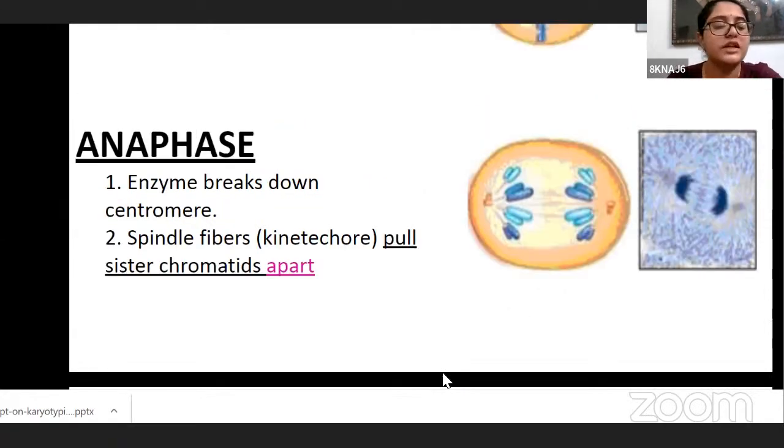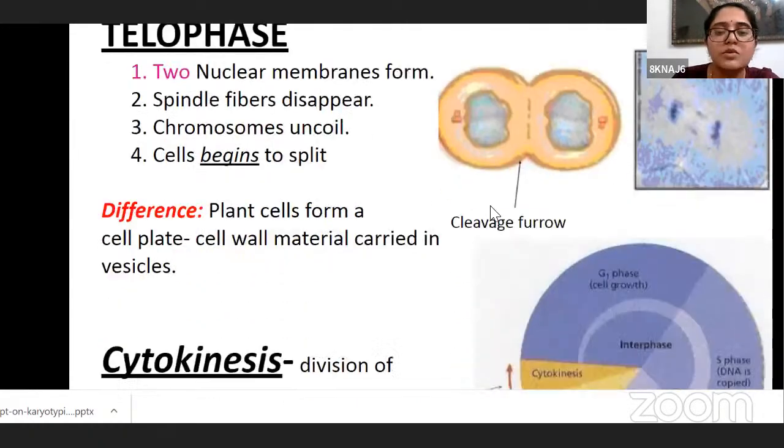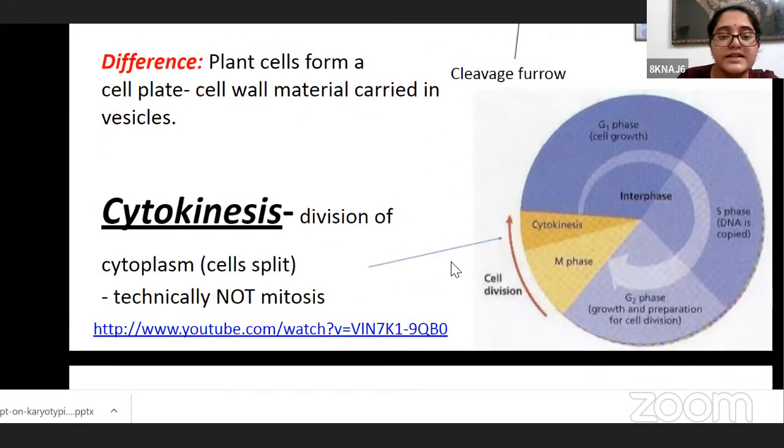Now, when it comes to telophase, you see that two nuclear membranes are formed again. The spindle fibers are disappearing. Chromosomes are not in the condensed form; they are getting decondensed, so uncoiling of the chromosomes is taking place and cell division is taking place. That is cytokinesis, in which the cytoplasm gets divided.